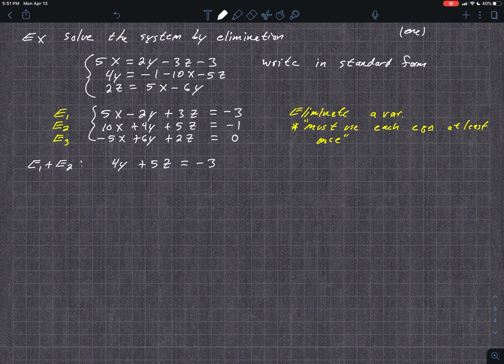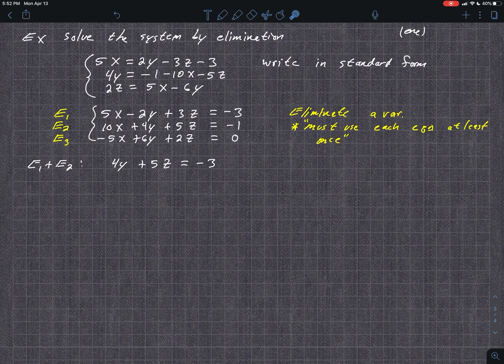Okay, so now let's do the same thing. You've got to use the equation you didn't use yet. So that's equation 2. So equation 2, you have a 10 and a negative 5. So you've got to use this equation and then one of the others, equation 1 or 3. So what I did is equation 3 and 2.